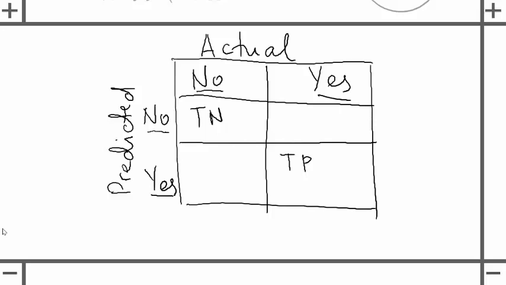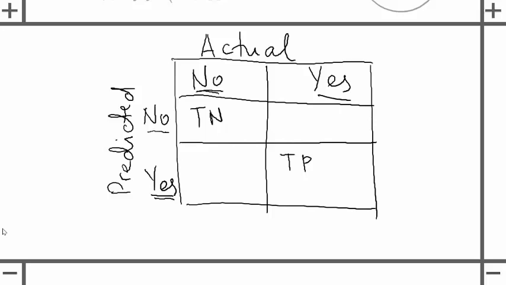Things that my model doesn't predict correctly are off diagonal. So this one, when it's predicted yes, but in actuality it's a no, we're going to call false positives. Because our model predicted it's a positive yes, but it's false.